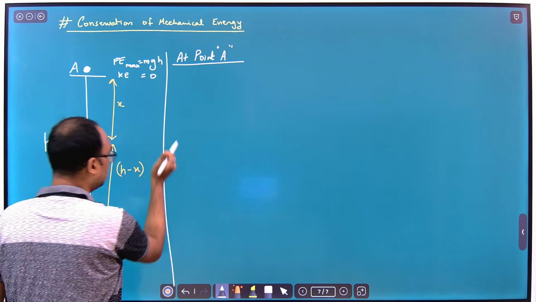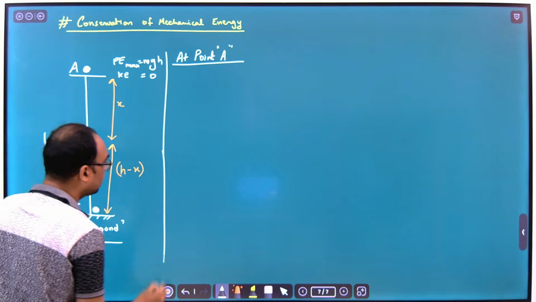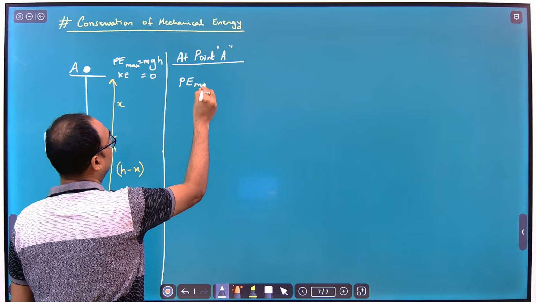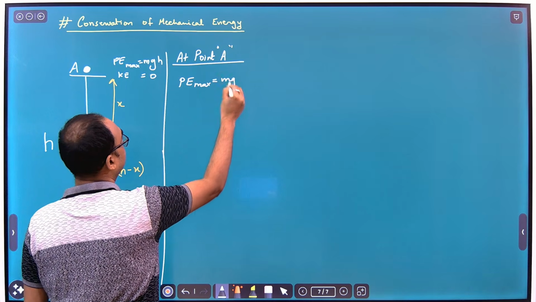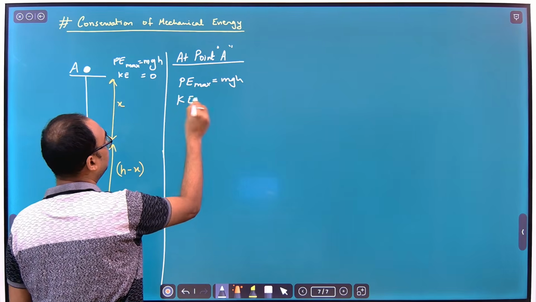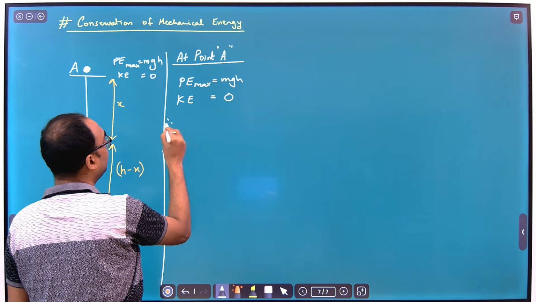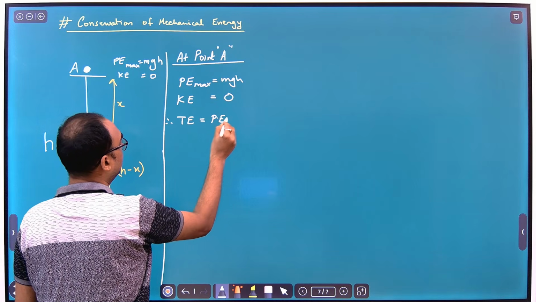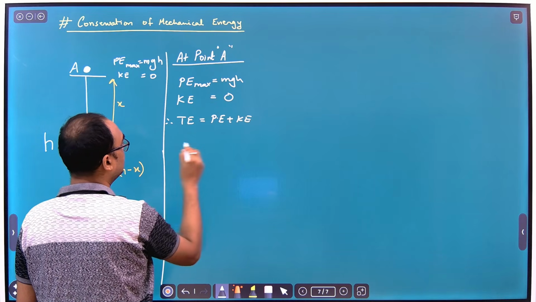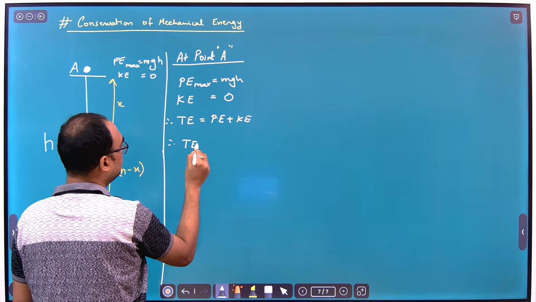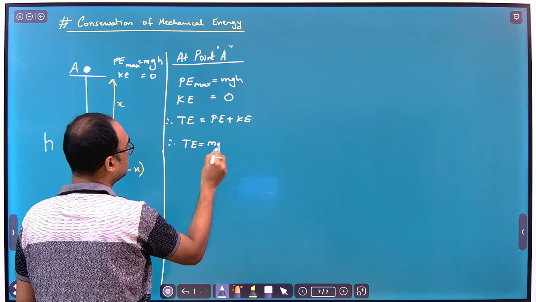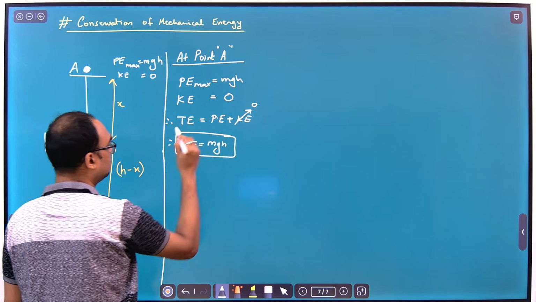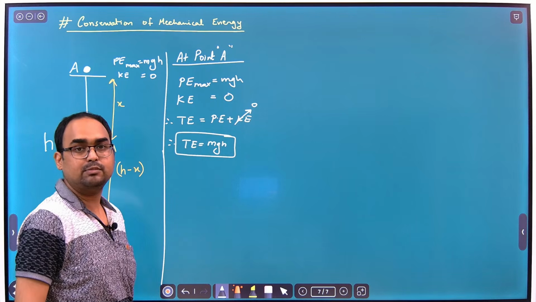So potential energy at point A is mgh and kinetic energy at point A is 0. Therefore, total energy is always potential plus kinetic, so total energy comes to be mgh because KE is 0. At point A, total energy is mgh.